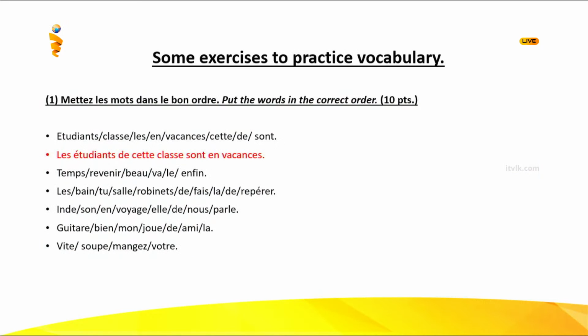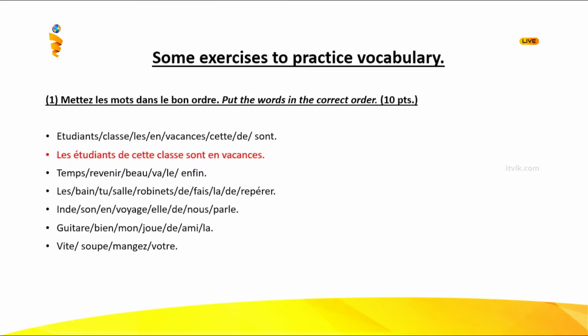Now here, some exercises are proposed to you to practice vocabulary before your O-level exam. So the first question is, like we saw in the past papers, put the words in the correct order. As I said earlier, first you need to identify a possible subject pronoun, a possible name of a person, or maybe a noun to begin the sentence, and related to that, a possible conjugated verb, so that you can arrange the rest of the words in that same manner so that you make a logical grammatical sentence.